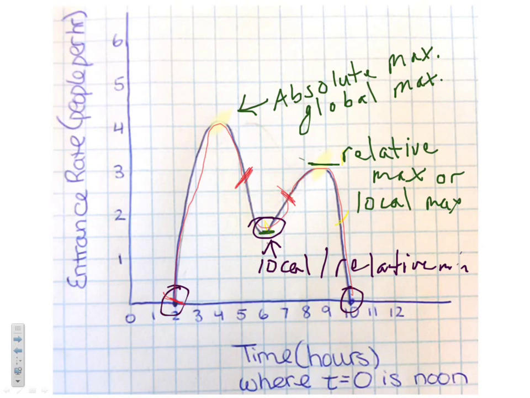And then there's the middle. These points where it separates into different sections, this one here and this one here, that's called my point of inflection. It's the change in direction of concavity.